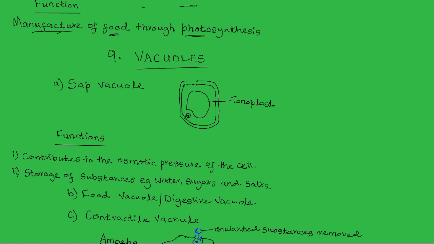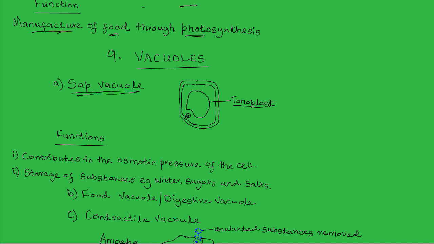There are three types of vacuoles depending on the function. The three types are: 1, subvacuole. Subvacuole is usually large and centrally placed and is surrounded by a membrane known as the tonoplast.